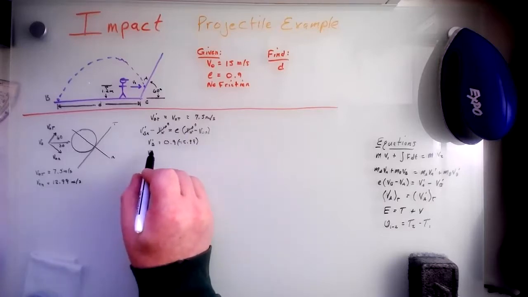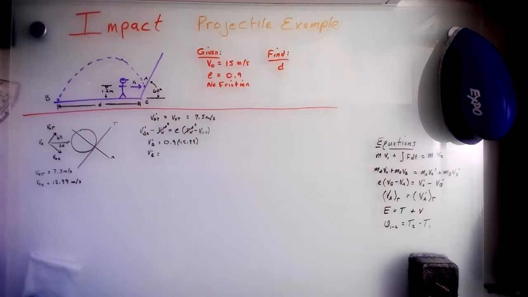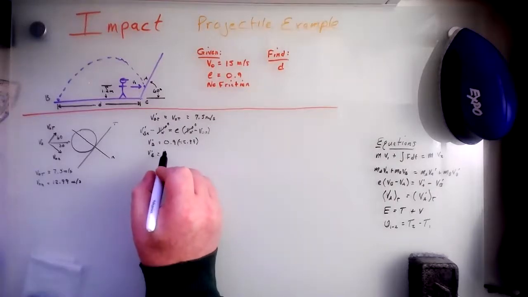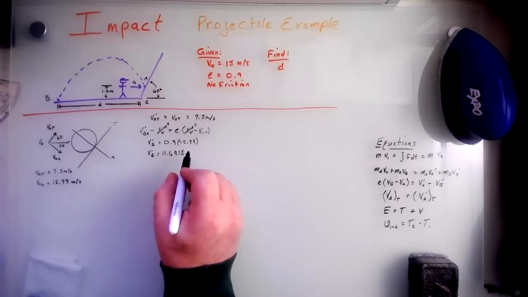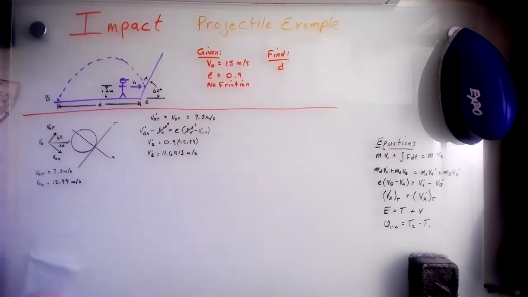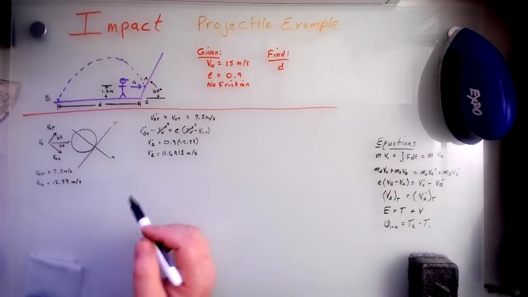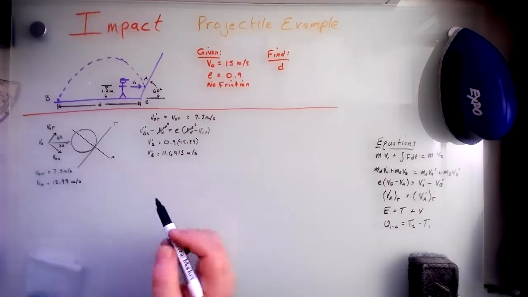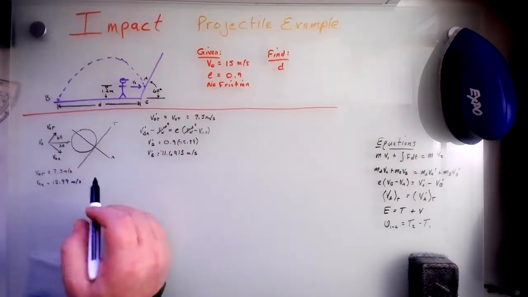So V prime B is going to be equal to 0.9 times that, which is 11.6913 meters per second. So we have the values coming back out. Sorry, this is negative; we've defined our direction.